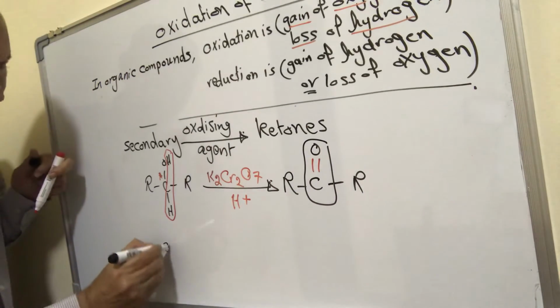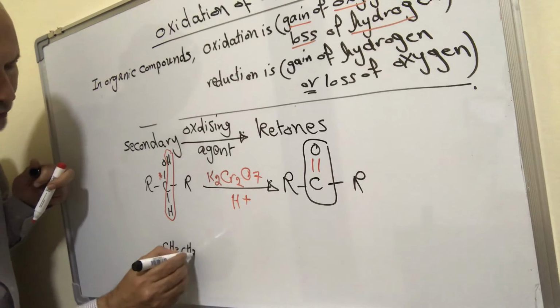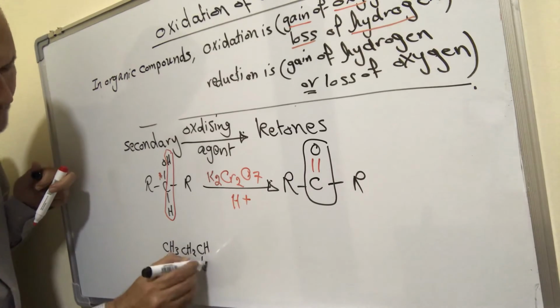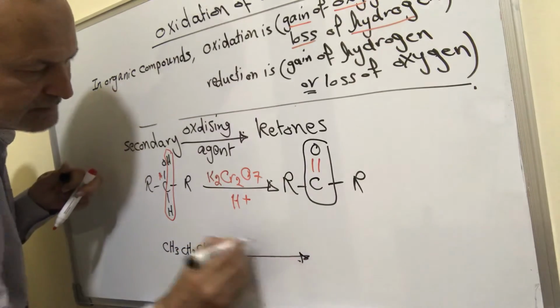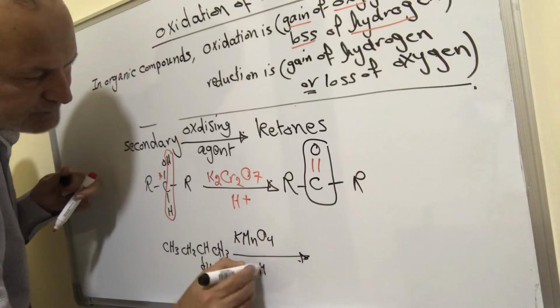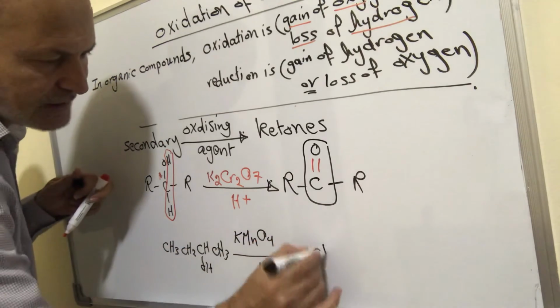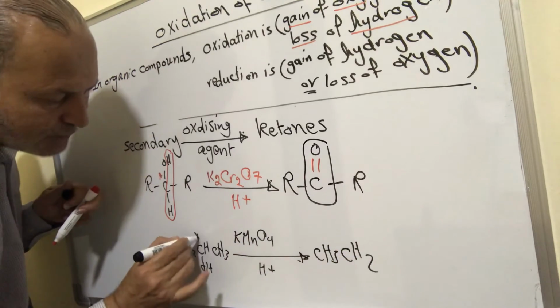For example, CH3, CH2, CHOH, CH3, with KMnO4 and H plus, it would give you what? CH3, CH2. Now I reached this carbon.